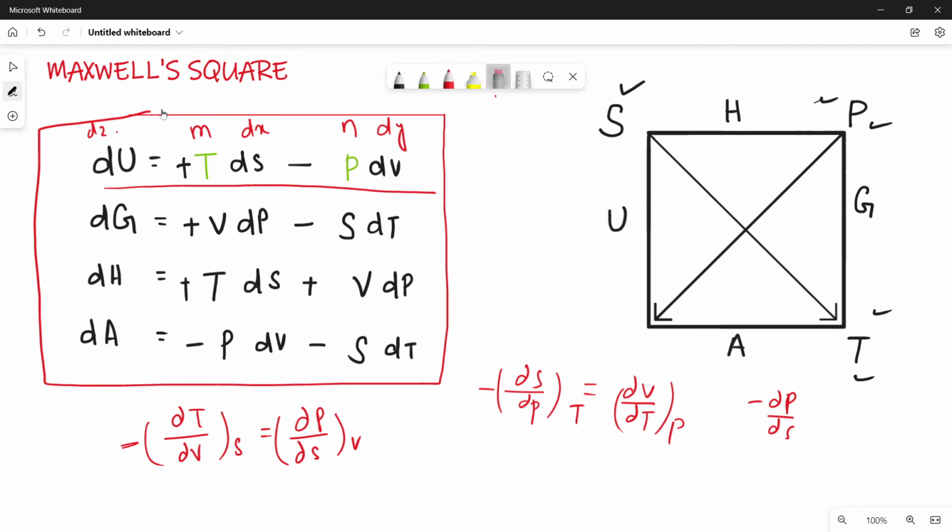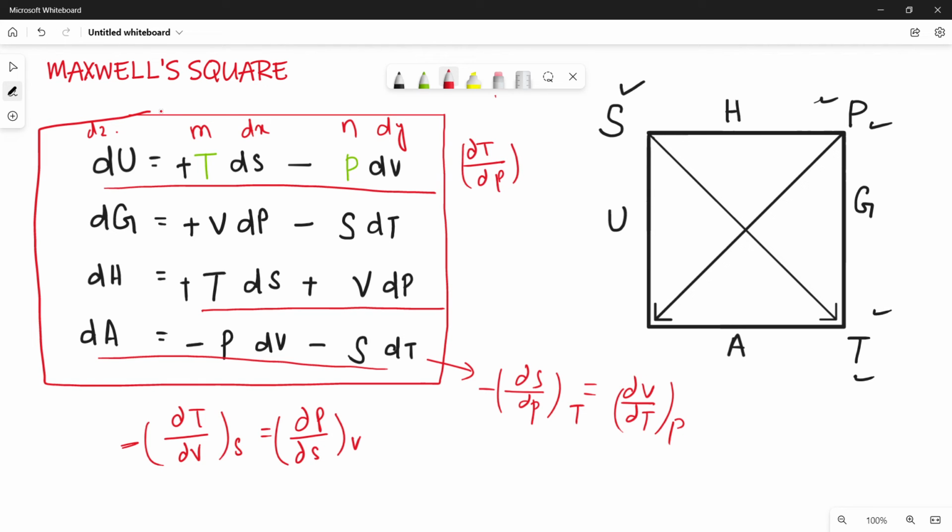We will use this equation. I have written this formula. Now I'll use these equations. So I can write del T by del P at constant S is equal to del V by del S at constant P. Both are positive, so we put the positive sign, and it's already positive.